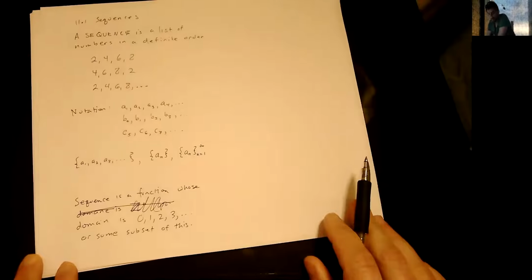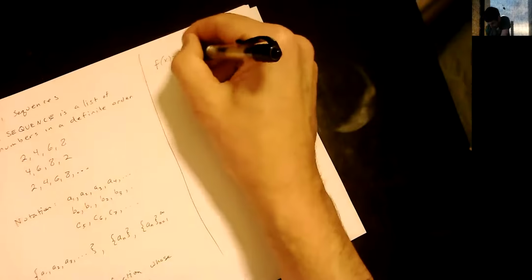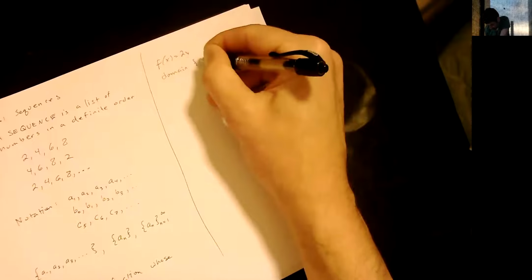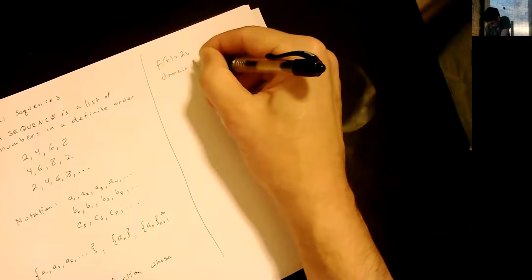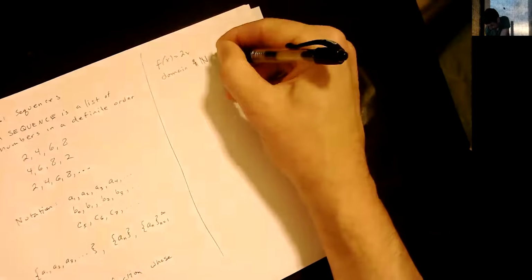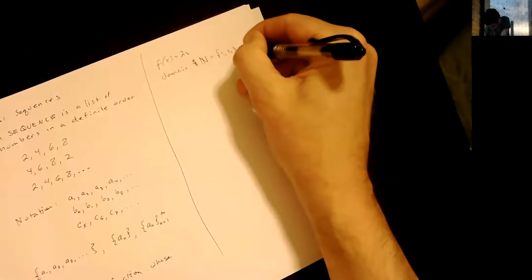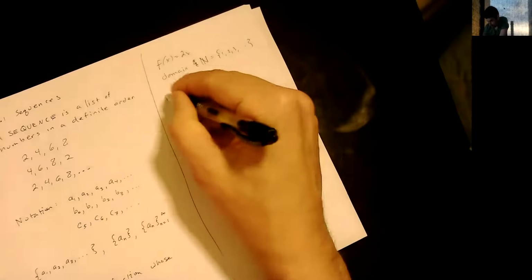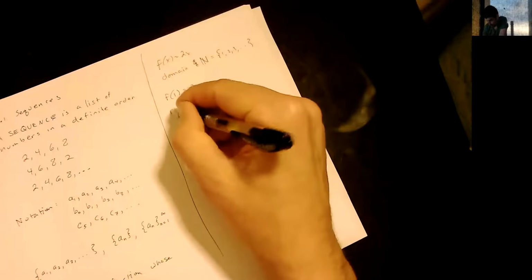And so, for example, let's consider the function f of x equals 2x, whose domain is, let's say, the natural numbers. This is 1, 2, 3, and on up. Right. So f of 1 would be 2, f of 2 would be 4, right?